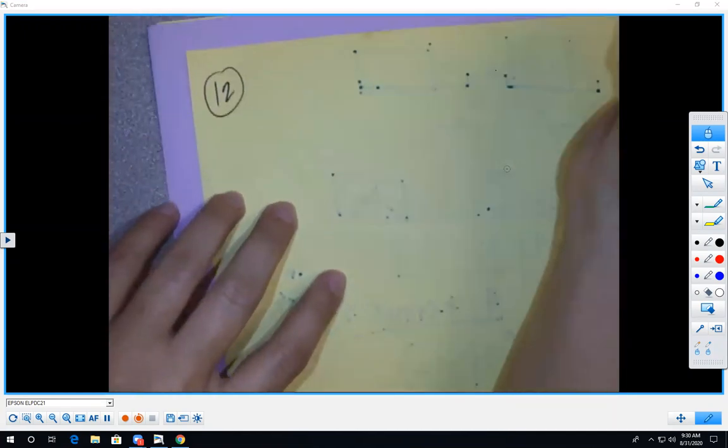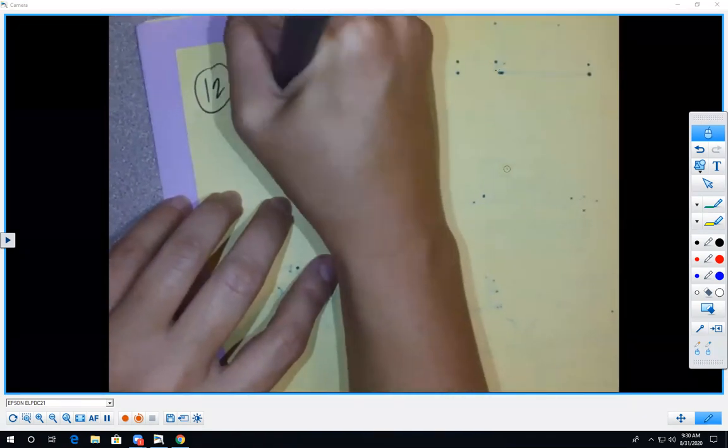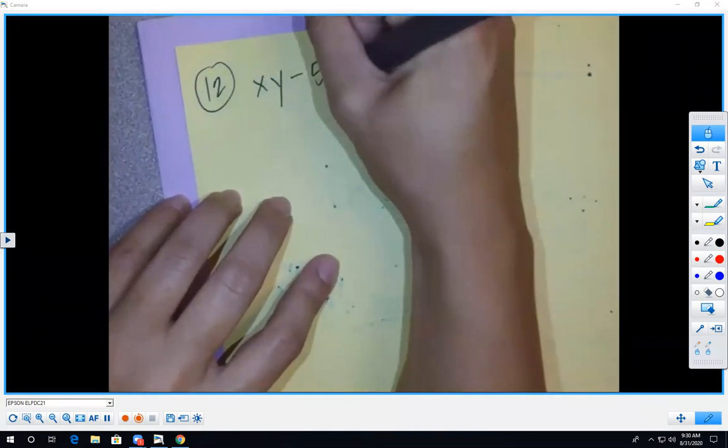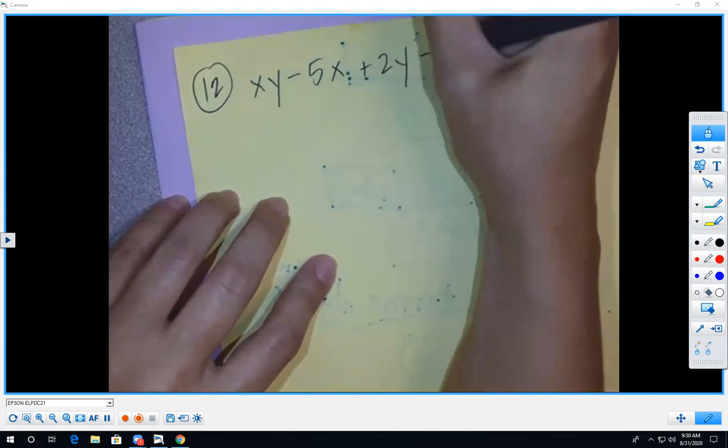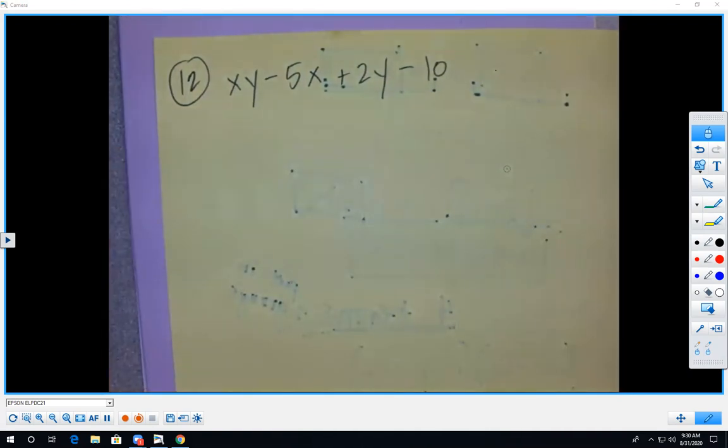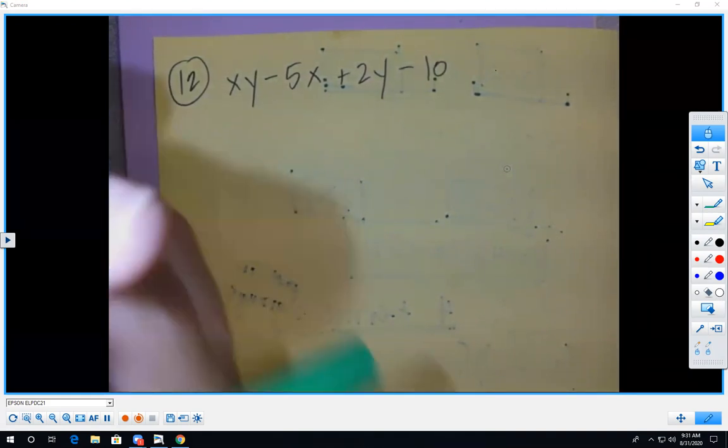If I had the problem xy minus 5x plus 2y minus 10. First thing you do is put it into 2 groups.